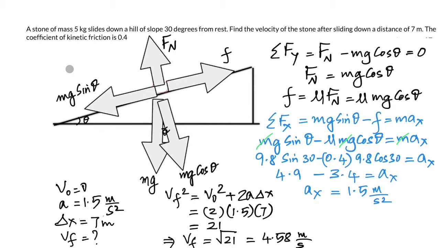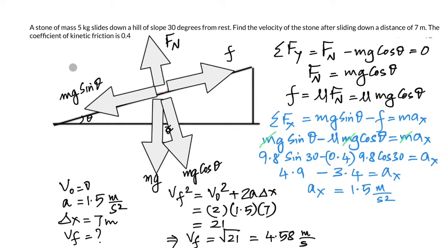So now considering the forces along the y-axis, you have Fn acting up and you have mg cosine theta down, and so Fn minus mg cosine theta is equal to actually mass times acceleration, but the acceleration is 0, so the right hand side becomes 0.